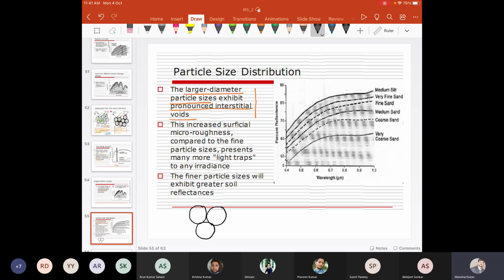Please listen, we are not discussing the water over here. We are discussing the soil and the relationship of reflectance with the soil particle size. The first case, we have a large particle, as I draw over here. While in the second case, we have a small particle, and obviously due to its small size, it is closely packed.